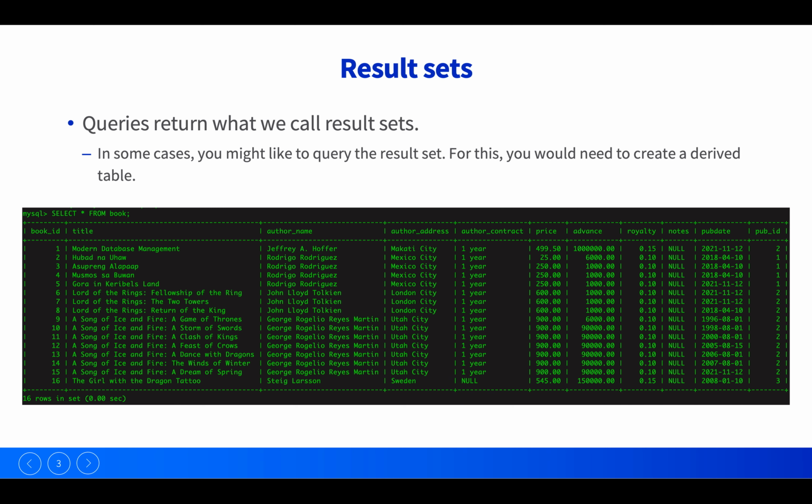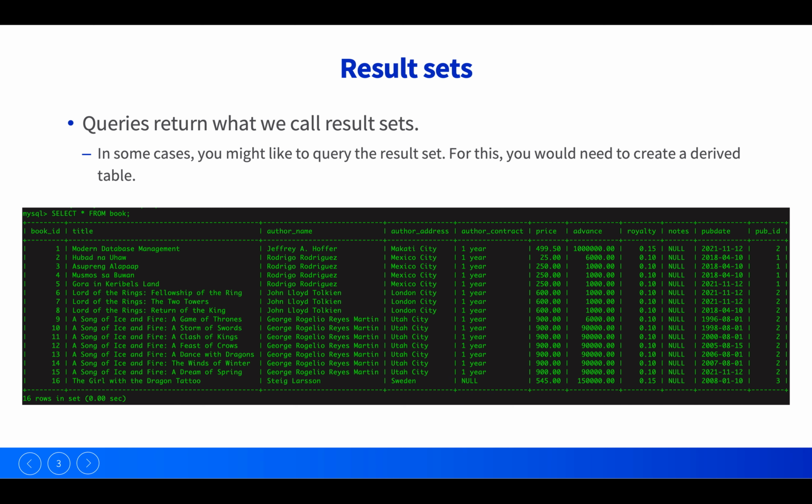In some cases, these result sets might be something that we'd like to query from afterwards. So in those situations, let's say your query will be used as an intermediary step for another query later on. And if you want to be able to use that result set from the intermediary query, we can make use of special kinds of SQL queries.